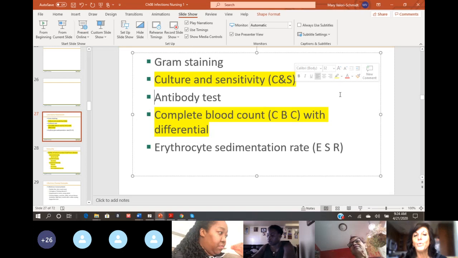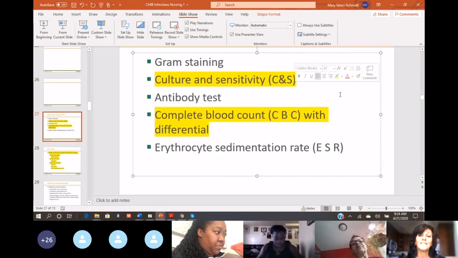The first one that you need to know is something called a culture and sensitivity, also known as a C&S. So you might hear the physician say, get me a urine culture with a C&S. What the physician is saying is get a sample of the urine and send it for analysis and do a culture and sensitivity.